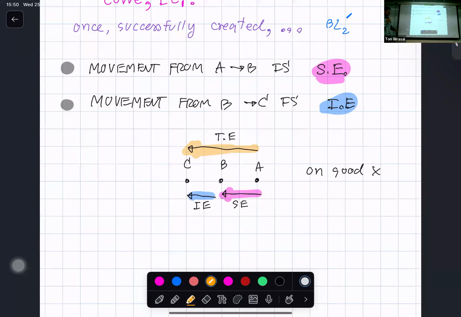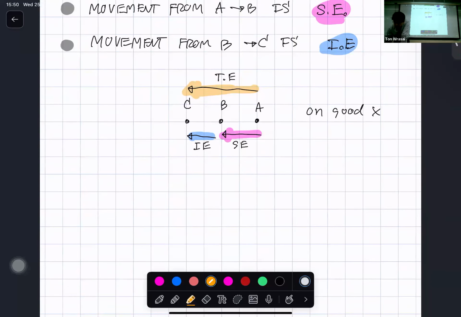Okay, that's a summary on good X. And you see X1, X2, and X3.